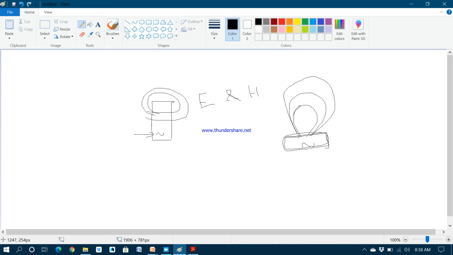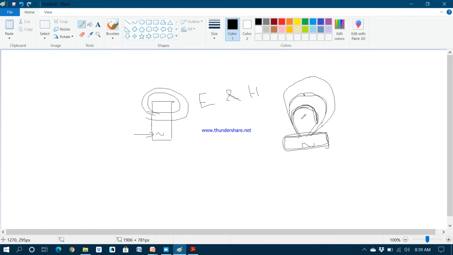I am drawing here, which you see, that the radiation is maximum at this point and minimum at this point.